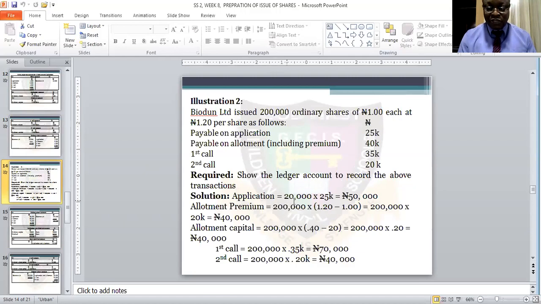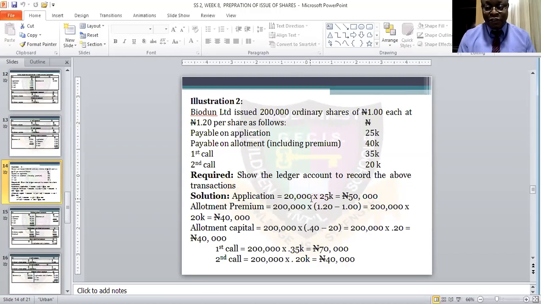Application is 20,000 multiplied by 25 kobo. How do we arrive at this? How do we arrive at 50,000 naira? This 200,000 is multiplied by 0.25. How do you get the 0.25?